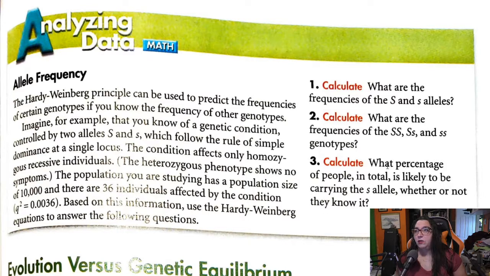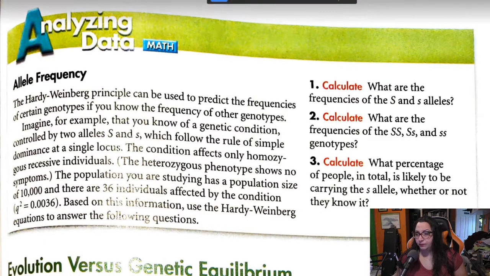And then they want to know what percentage of people in total is likely to be carrying that little s allele, whether they know it or not. And so we need to know the frequency of the homozygous recessive and the heterozygous, because these individuals that are heterozygous are going to carry the allele, not know it because it's recessive and they have a dominant allele to go with it. And so we need to do that.